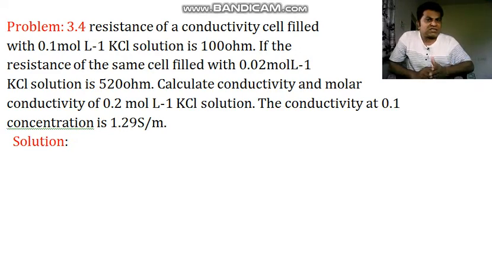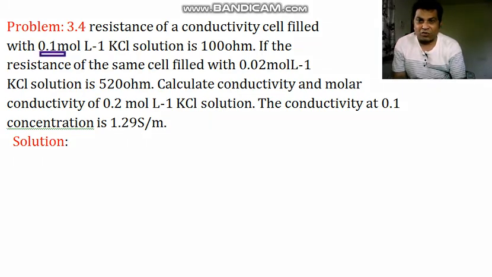If the resistance of the same cell filled with 0.2 mole per liter KCl solution is 520 ohm, calculate the conductivity and molar conductivity of 0.2 mole per liter KCl solution. The conductivity at 0.1 concentration is 1.29 Siemens per meter.